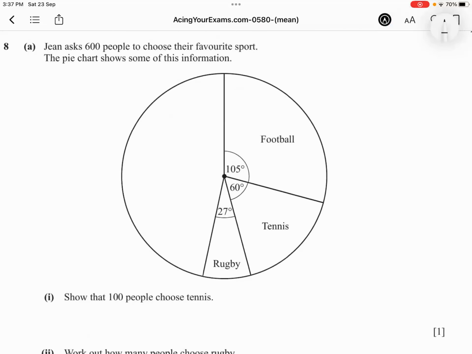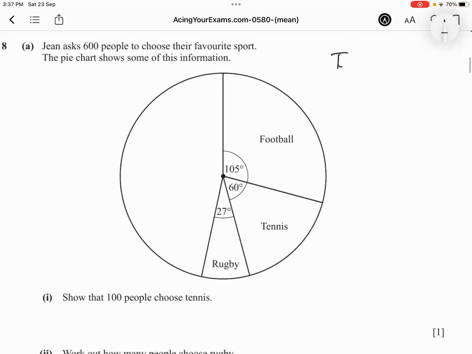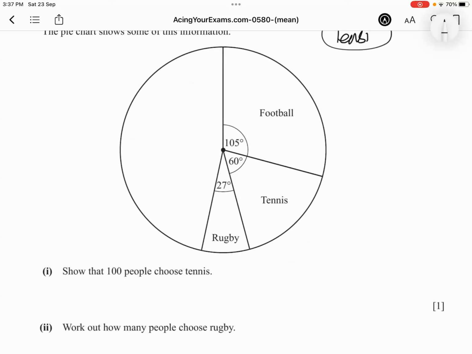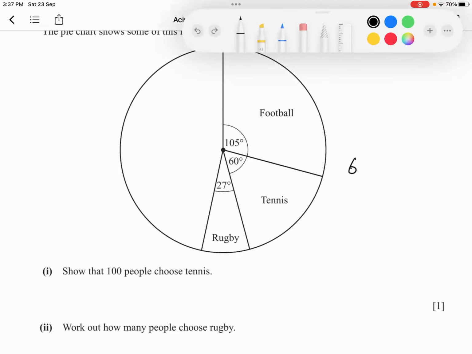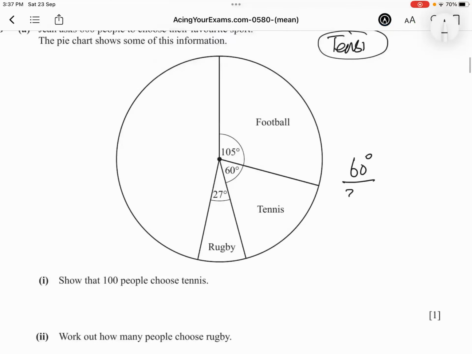So Gene asked 600 people to choose their favorite sport, and the pie chart shows some results. It shows that 100 people chose tennis. Okay, so I can see that tennis is representing 60° out of 360.